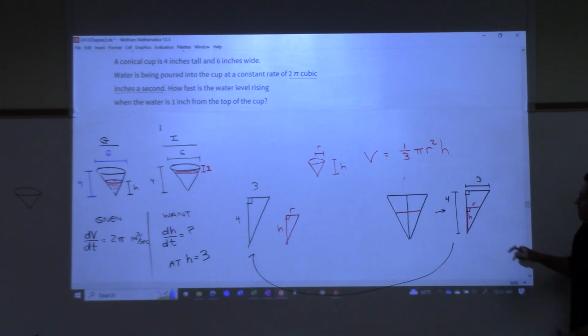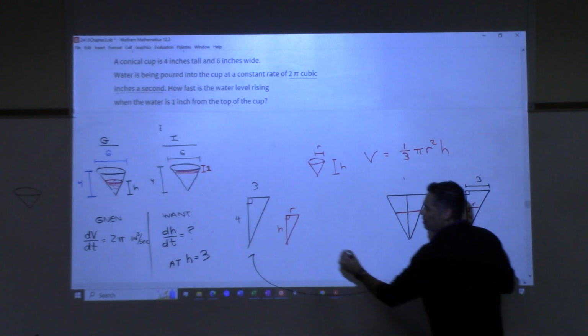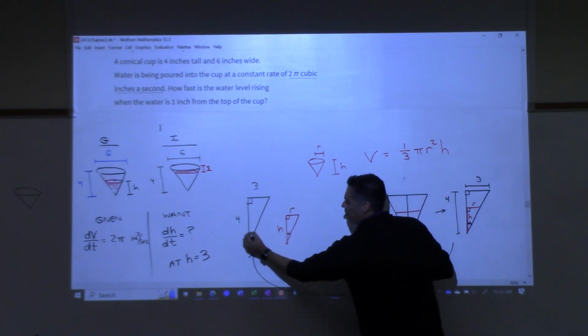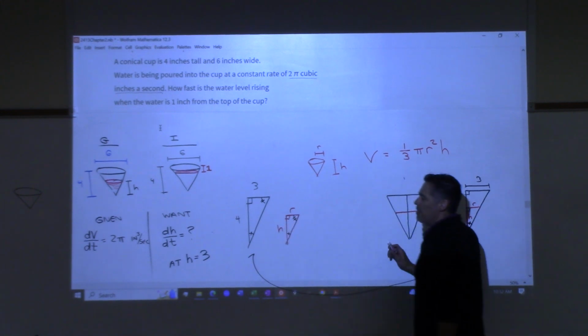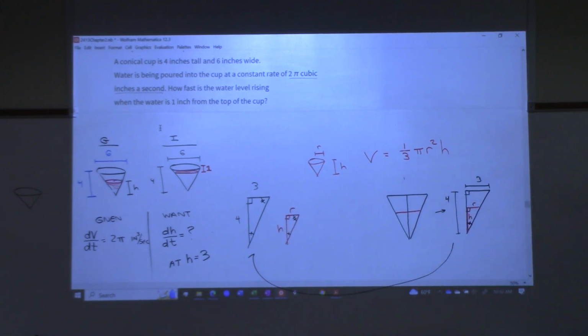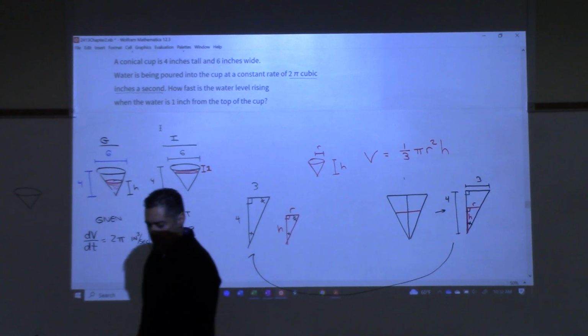And they both share this angle right there. They both have that same angle. So these two angles are the same. And that means that those two are the same. And therefore they're similar triangles. And if they're similar triangles, then the ratio of any corresponding sides are equal.